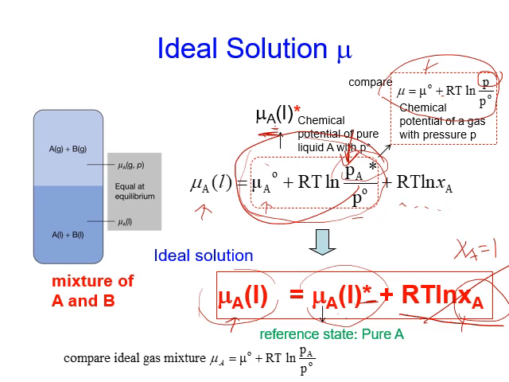And we can think about this as a reference state or standard state. So the chemical potential of A at any condition equals the chemical potential of A when it's pure, but then you have to add a correction because it's not pure, and the correction is related to the mole fraction, RT ln XA.